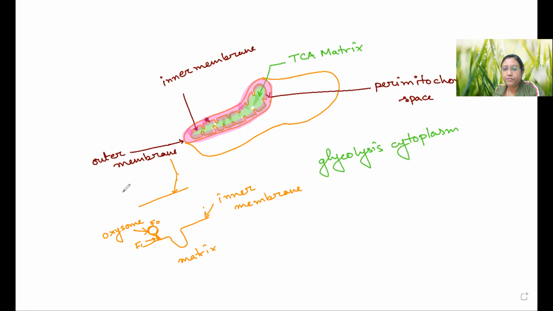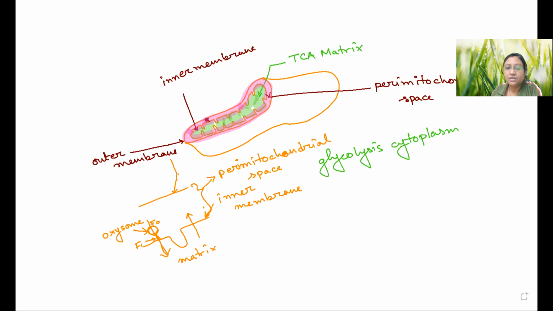So proton is moving from where to where? From matrix to, first it will move from matrix to the perimitochondrial space, which is between the outer and inner membrane. And then through this F1, F0 subunit, it will come inside.